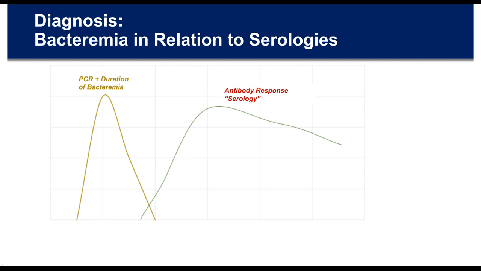This slide is not specific to any infection. It's a generalization. The relationship between symptomatic infections, the left curve, and the antibody response. So you are sick for days, you have a positive blood culture for days, and eventually you develop a serologic response. This is well documented for many pathogens that you are familiar with, especially today we'll be talking about the tick-borne diseases.